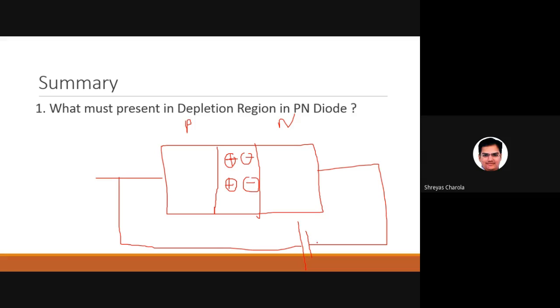Due to the negative terminal, what happens? It will give negative electrons. So what happens?